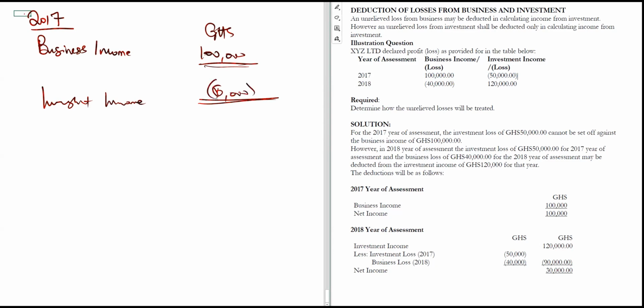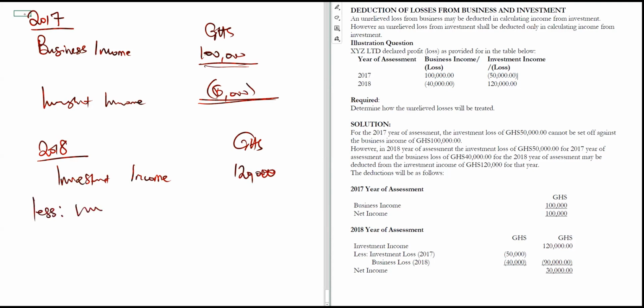That's all. Then when we come to 2018, we actually made an investment income, but we made a business loss. And remember that I told you we can deduct business losses from investment income. So from the investment income of 120,000 that we made, we can deduct the losses from the previous year and the losses from this year.